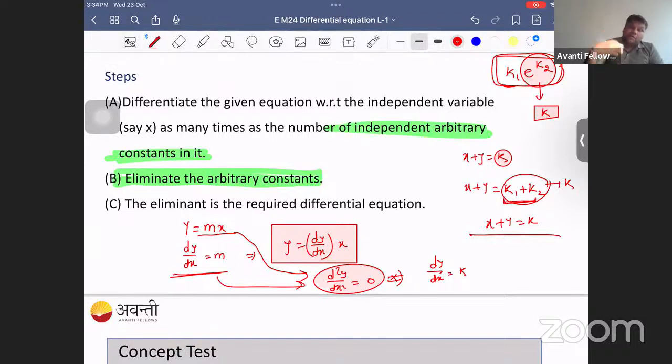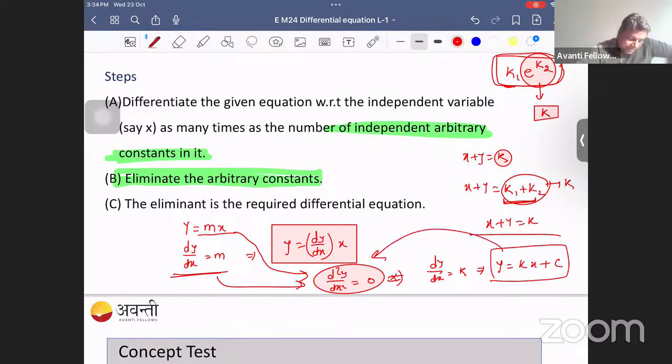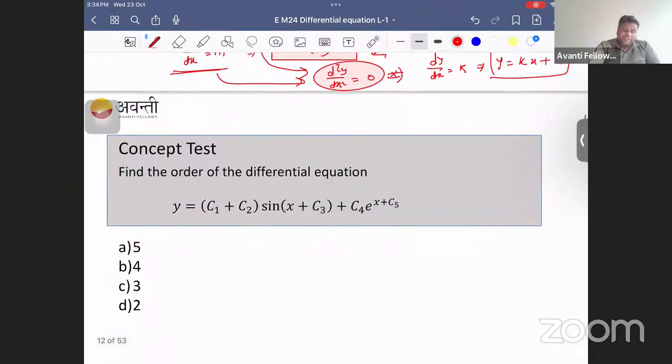Now you integrate it once again, then you get y equals kx plus some c. Now there came two independent arbitrary constants. Yes or no? So if this were the curve, this is my answer. But if this is the curve, then this is your answer. You are not going to differentiate any equation more times than the number of independent arbitrary constants there are.